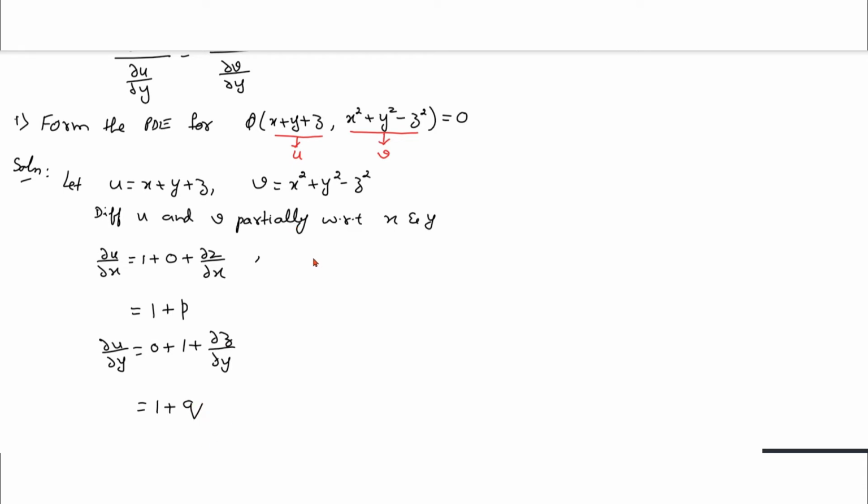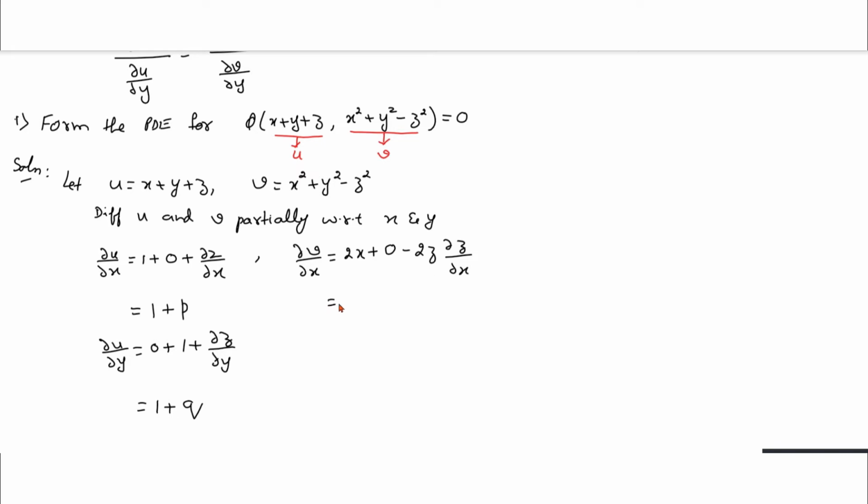Now, similarly, we'll differentiate v with respect to x. Differentiation of x square will be 2x. Differentiation of y square, it is a constant, derivative will be 0, minus differentiation of z square will be 2z into differentiation of z with respect to x, which is dou z by dou x.